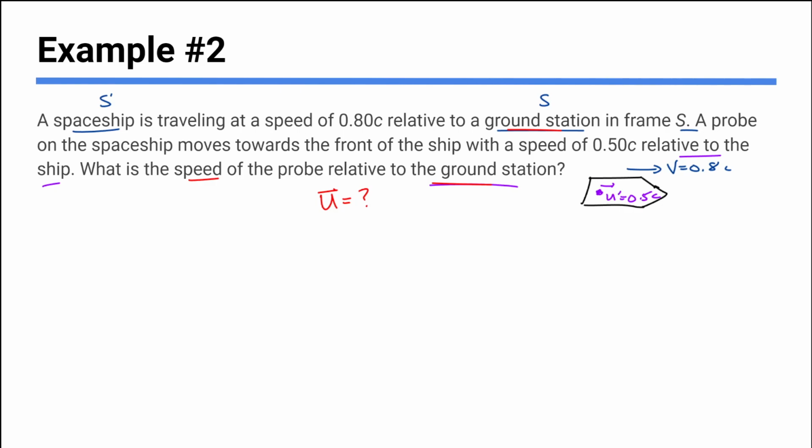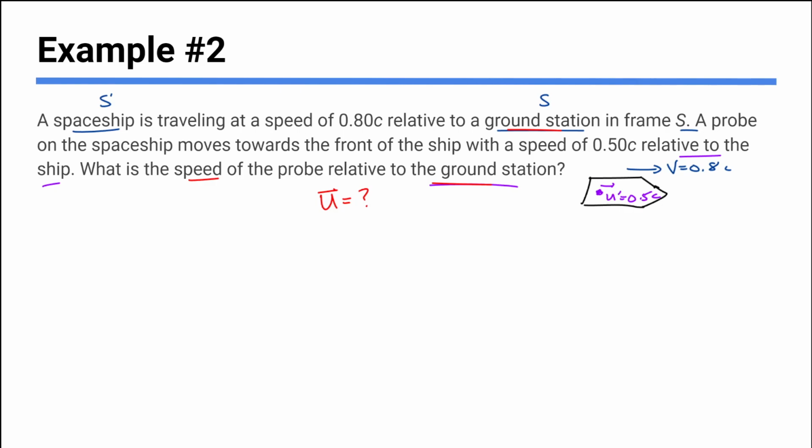All right, so now I look at my situation. I need to find u, regular u, when I have u prime and v. If I look at my data booklet equation, the first one, the regular velocity addition, is not great because that one is u prime in terms of u and v only.